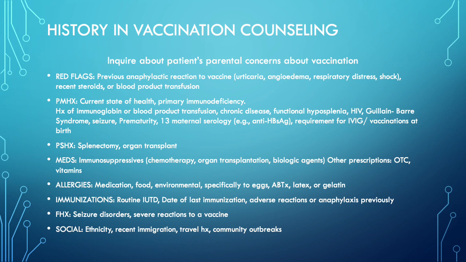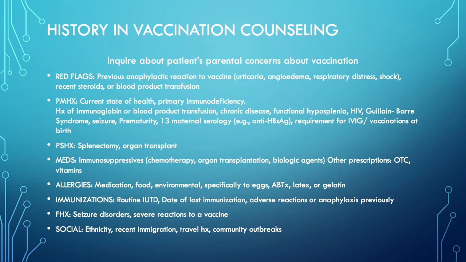You can also ask for history of any organ transplants, splenectomy, medications like immunosuppressives or over the counters. Also necessary to clarify allergies because a lot of vaccines contain things like eggs and things that can cause allergy. So it is necessary to also figure that out from the patient.